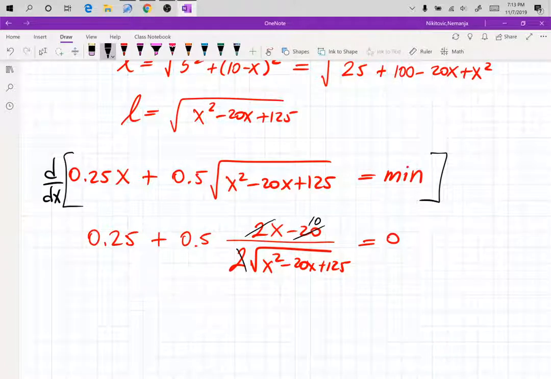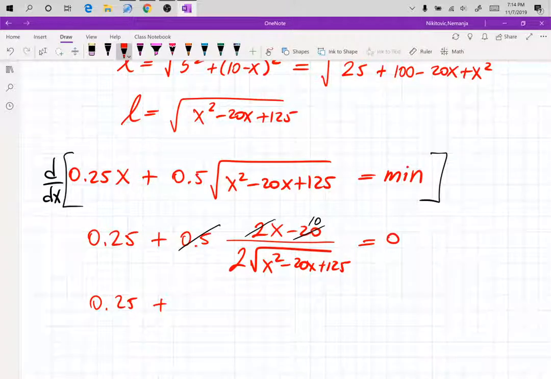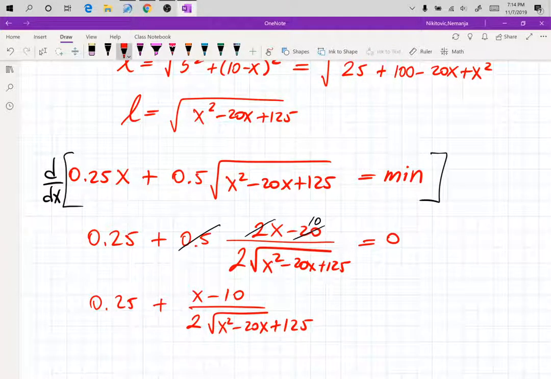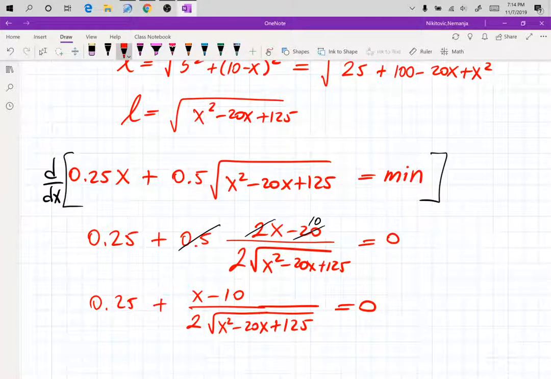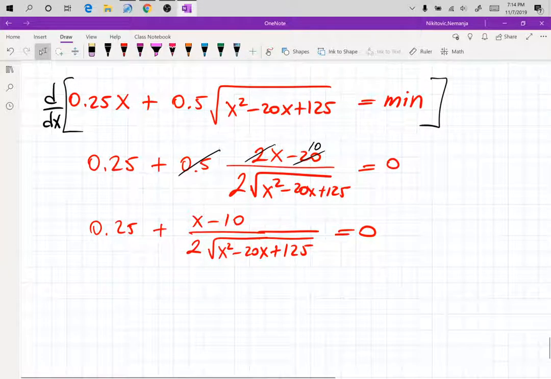Actually, let's cancel the 0.5, leave this 2 alone. And now I have to solve this equation: 0.25 plus (x minus 10) divided by 2 times the square root of x squared minus 20x plus 125.